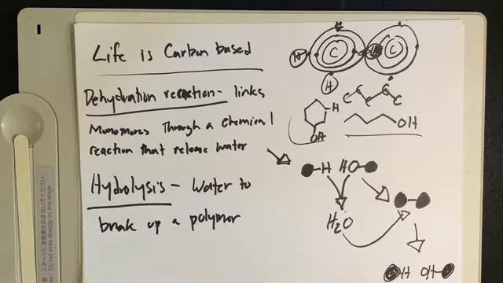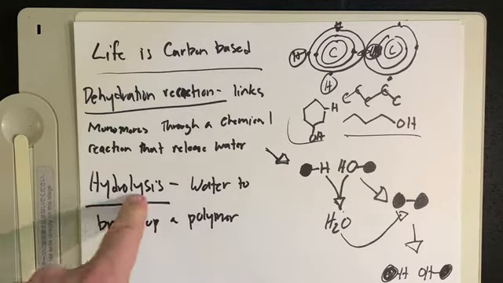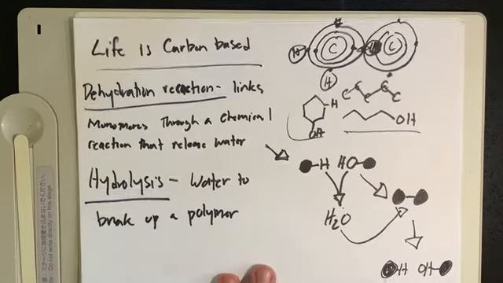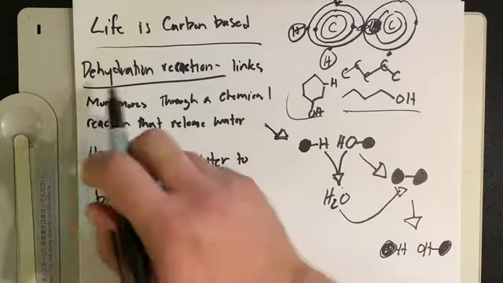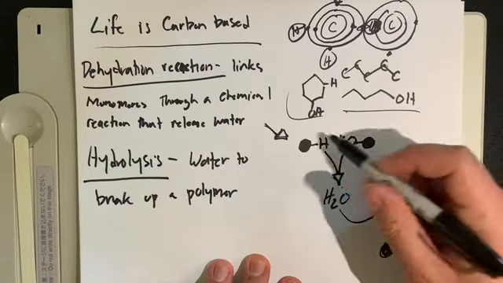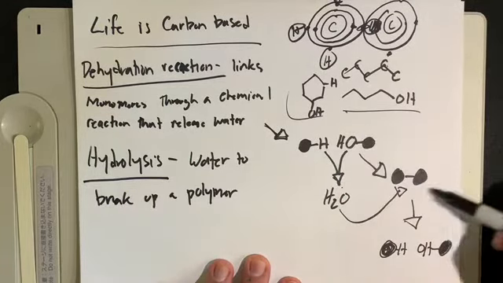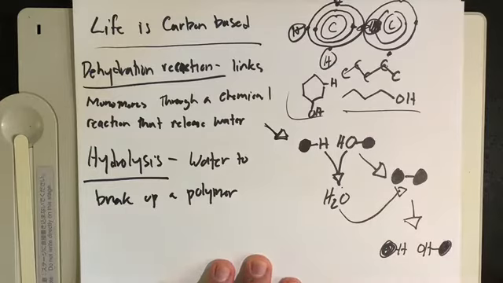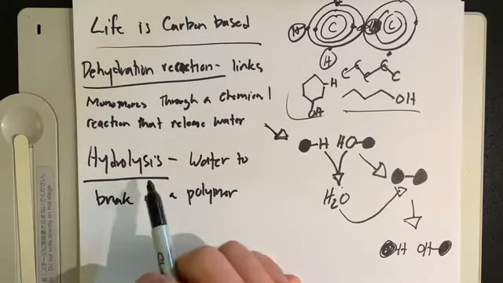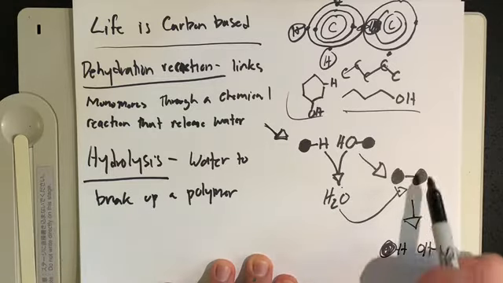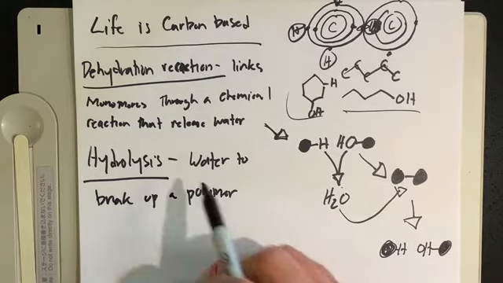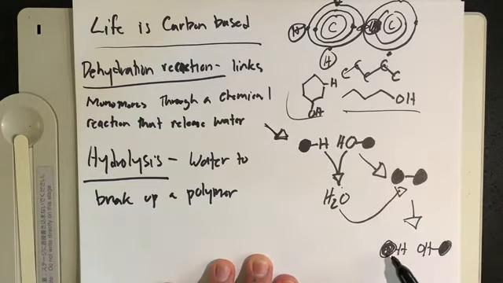I like to call it hydrolysis because hydro means water, and lysis means to cut or break. And so here, the dehydration reaction creates water, so it dehydrates our molecules and creates a polymer, whereas hydrolysis uses water to cut, so it breaks that bond and then creates your monomers here again.